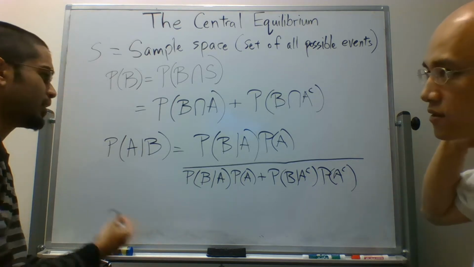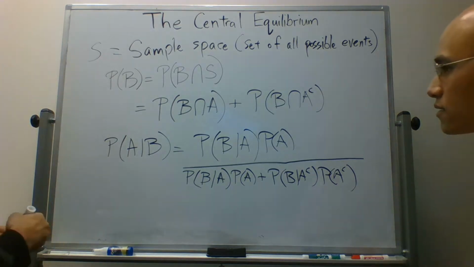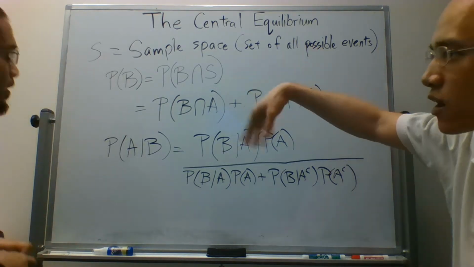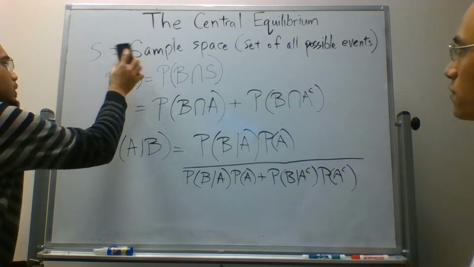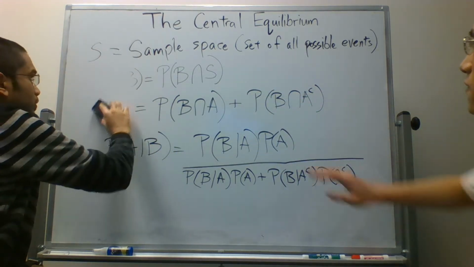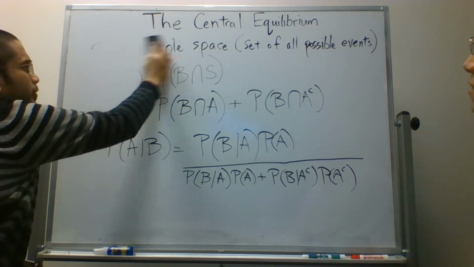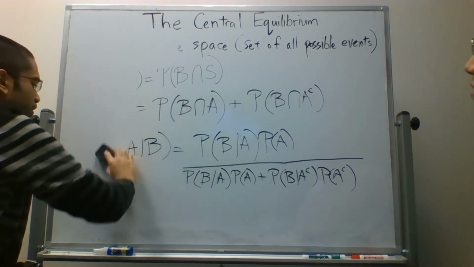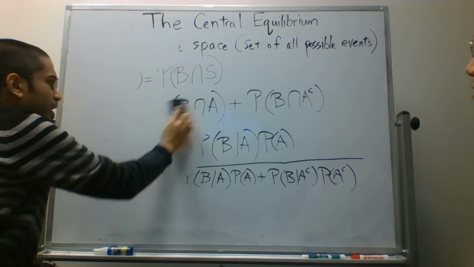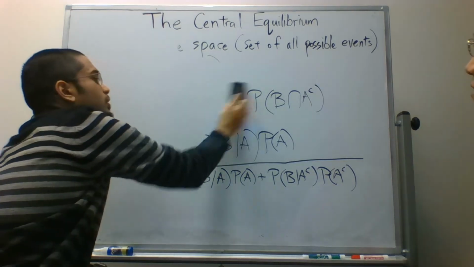So let's say now A is comprised. Do you want to erase this and we'll get some more room? Okay, erase whatever you want. So we're finally going to ignore the sample space. We'll just still assume that A and B are within the sample space.